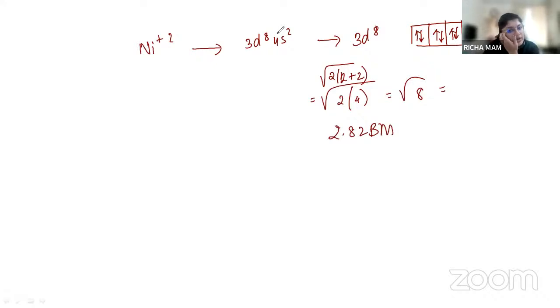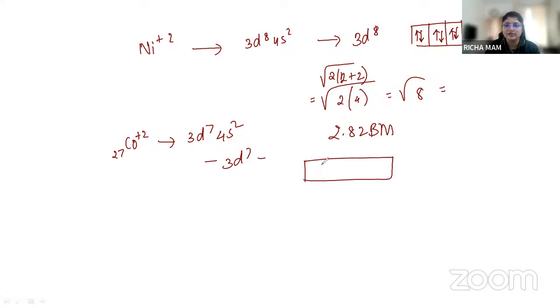Good. Let us move to the one more I had given you. Cobalt plus 2. Cobalt is 3d7 4s2, because its atomic number is 27. Plus 2 means a 3d7 system.